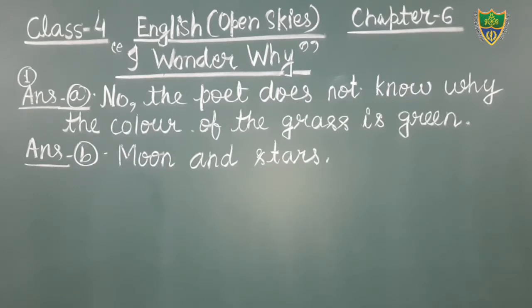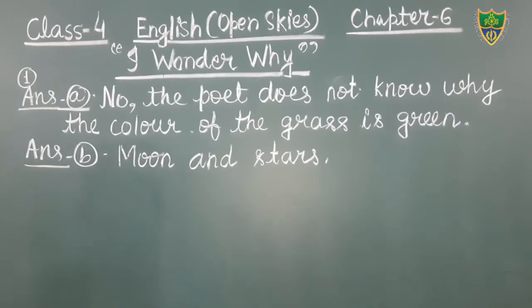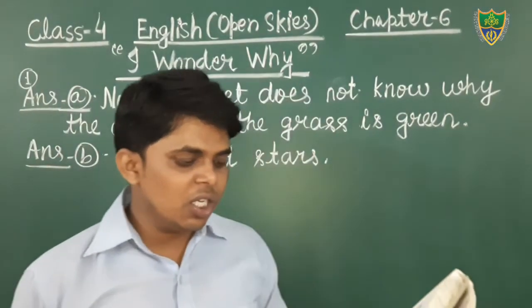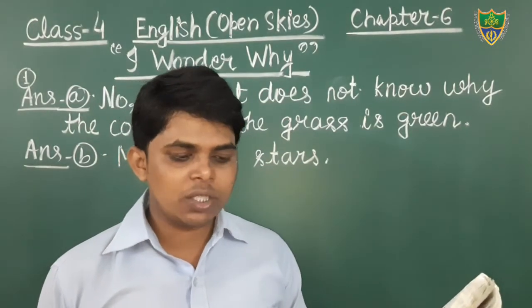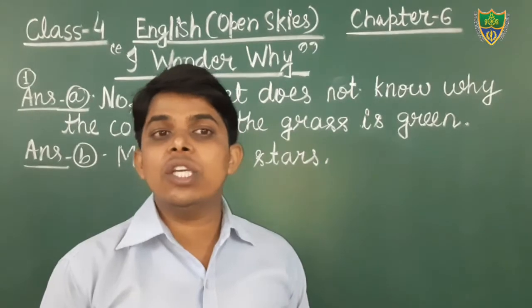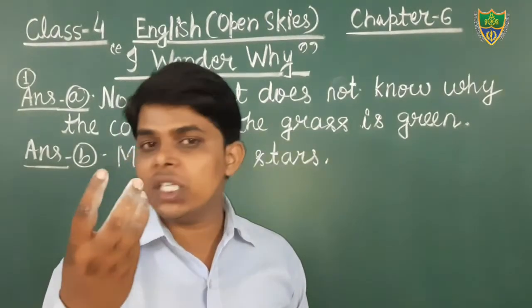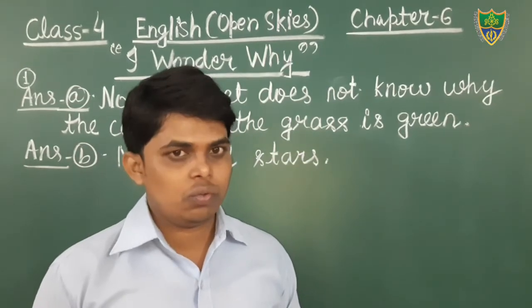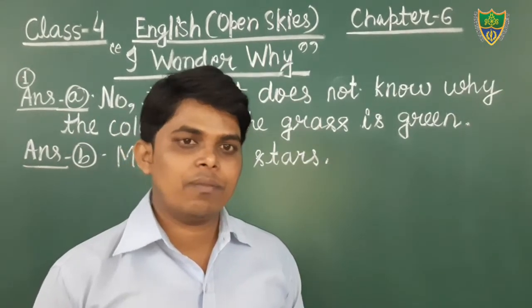And after completing it, you will write question C. Students, after completing answer number B, you will write question number C. What is the question? Write three things the poet wants to know about. Here, you have to write three things that the poet wants to know in this poem.